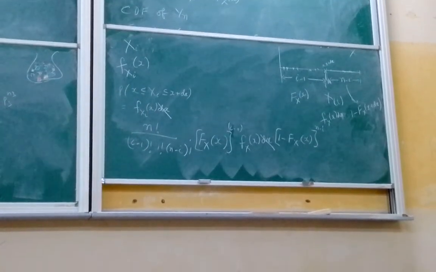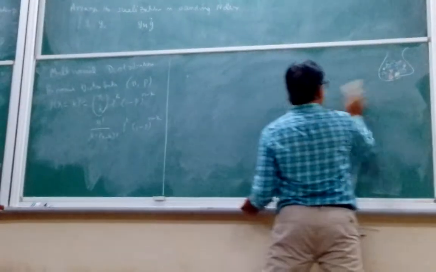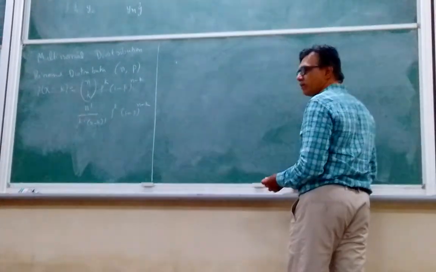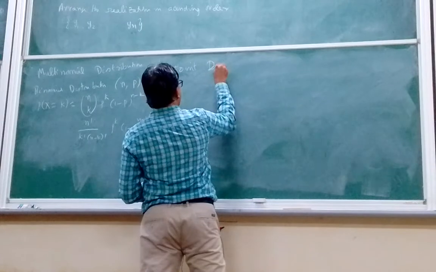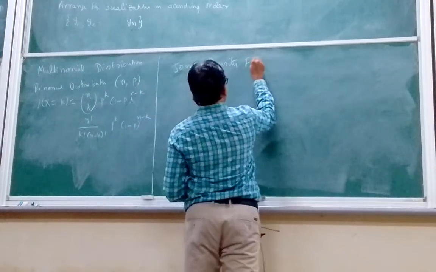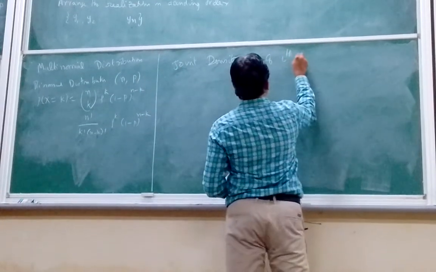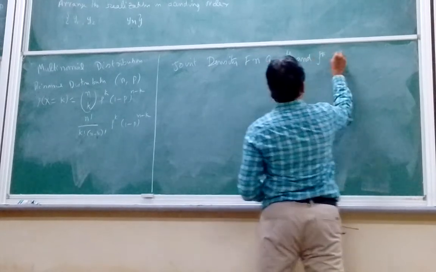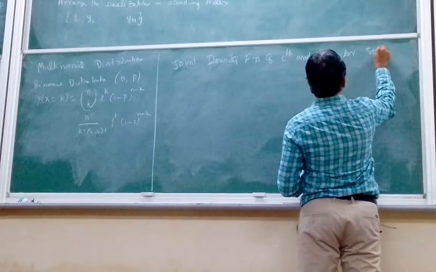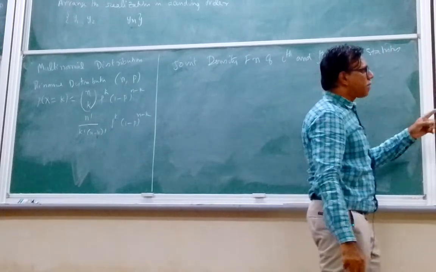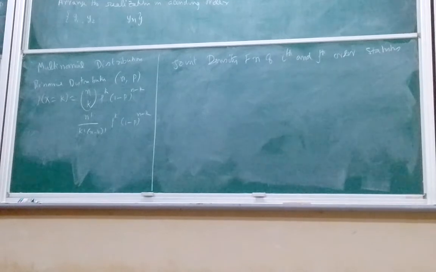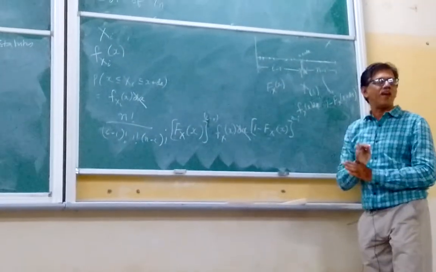Now, if you want the joint density function of the ith and jth order statistics, how do we find it? See here what happens: because it is a continuous valued random variable, no two realizations will have exactly the same value.